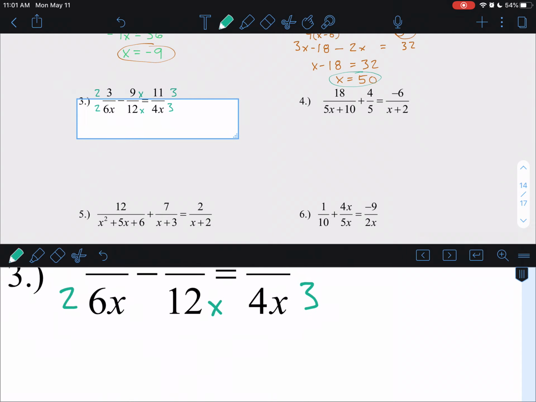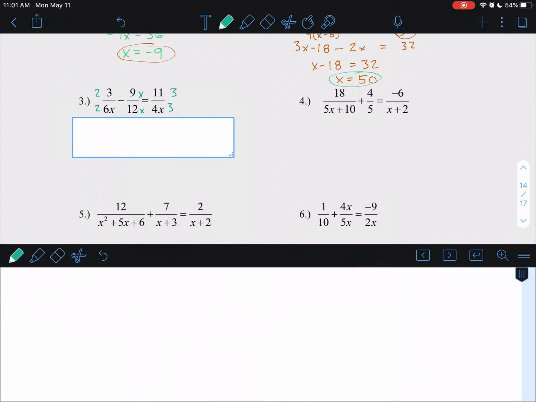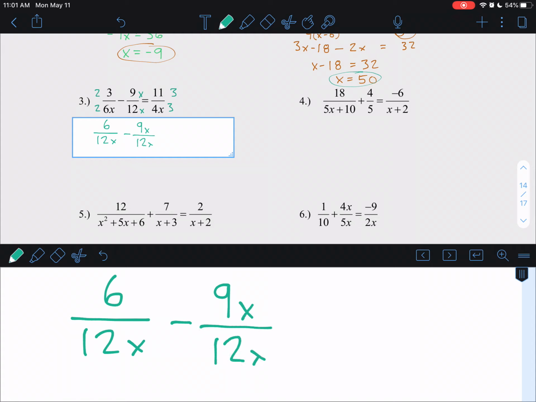So when I multiply these together, I have 2 times 3 is 6 over 12x minus 9 times x is 9x over 12x equals 11 times 3, which is 33, over 4x times 3, which is 12x.